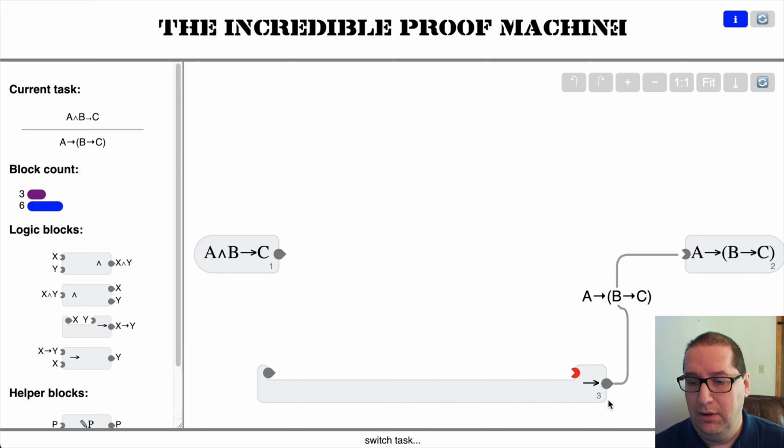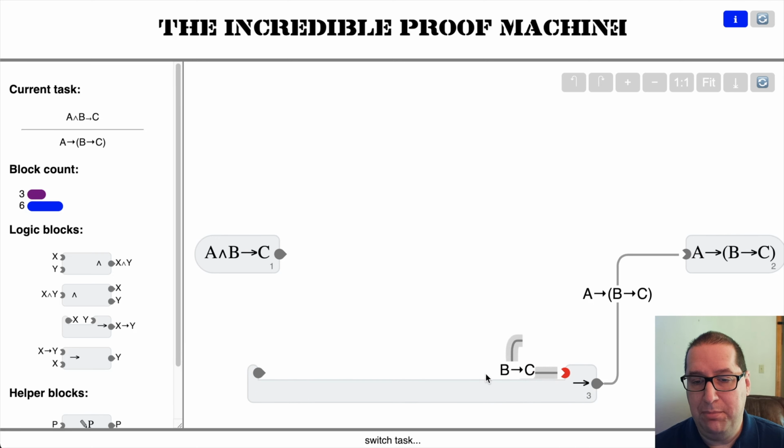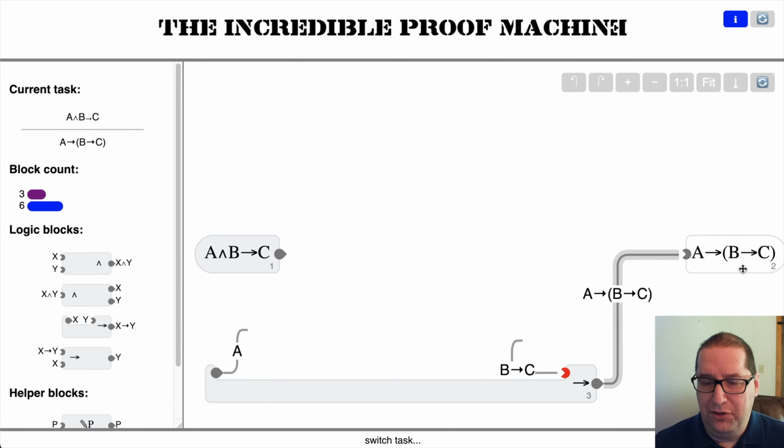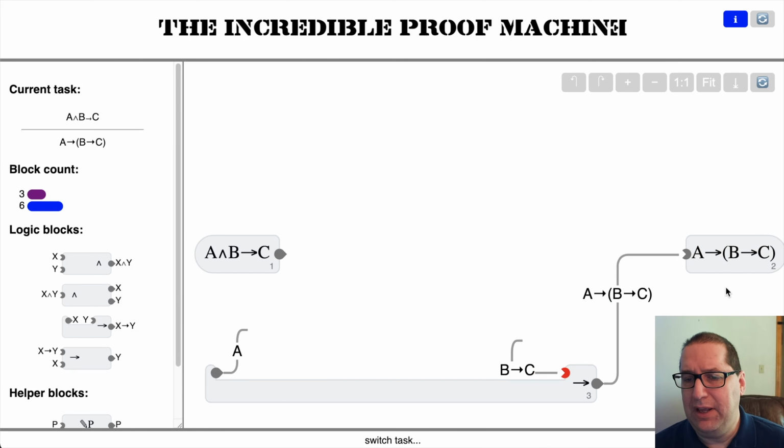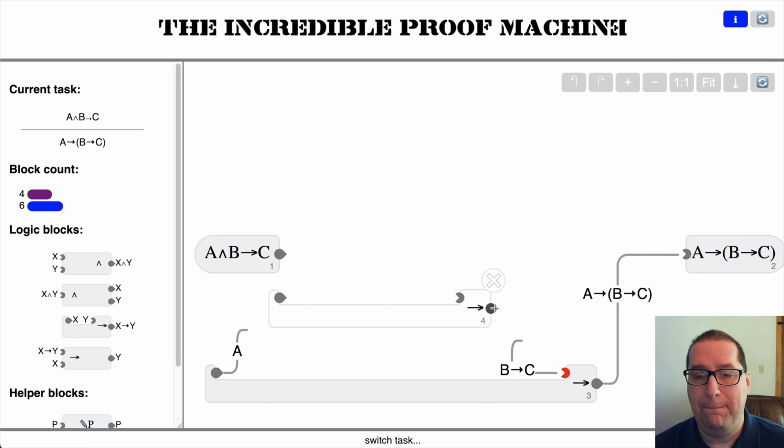So our first sub-goal is going to be to prove that B implies C given A. And we can figure this out mechanically, right? There are two implication symbols in our goal. So logically, we're going to have to introduce two implications.